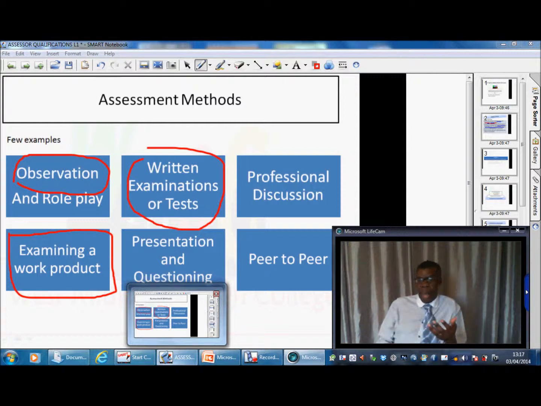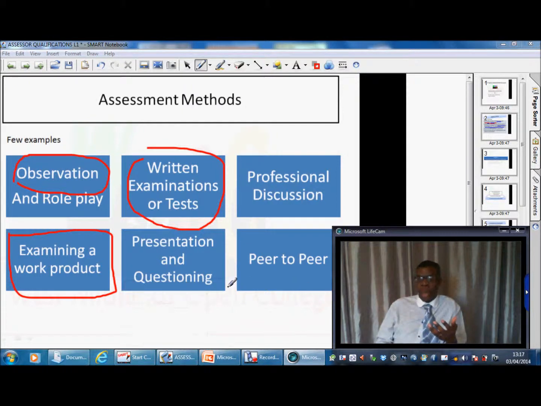Or you can, by yourself, let them produce something, then you examine what they produce against the criteria. If it's technology, the dimensions, are they accurate? Does it fit the health and safety rules? A lot of things. It will be a product that you can touch.